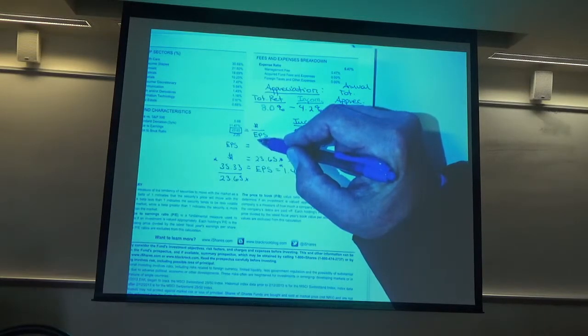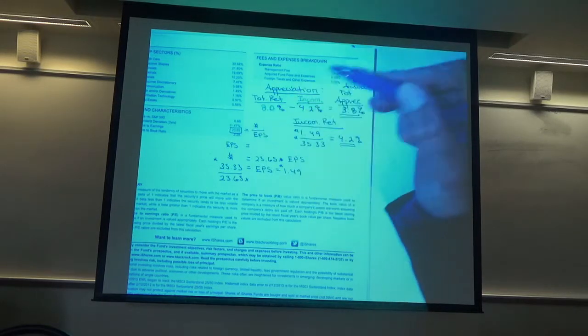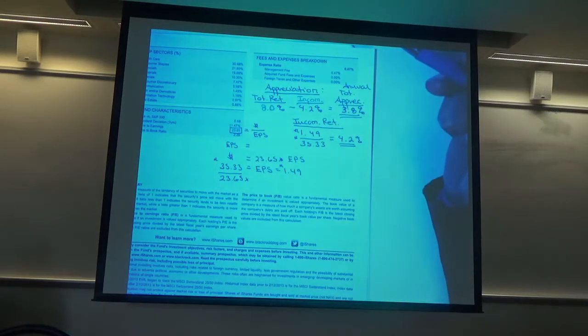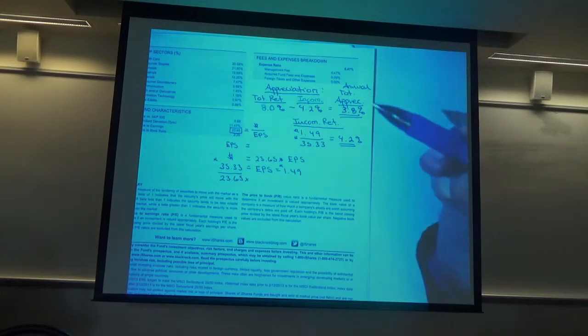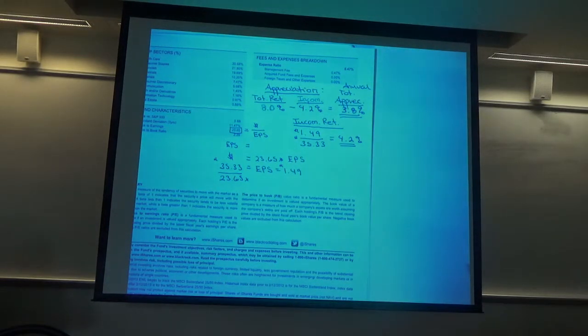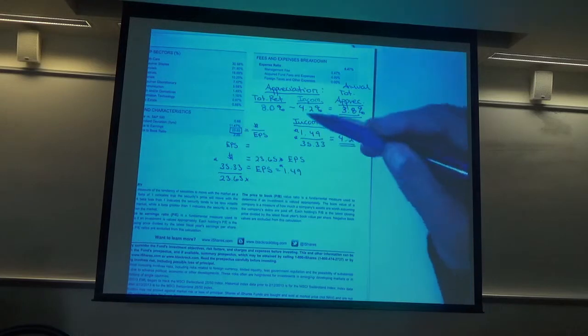Okay? And I can divide that earnings per share by the price to get the income return. Everybody follow? If it's a three-factor equation and you know two of the knowns, you can solve for the third. Okay? So that's what I did.